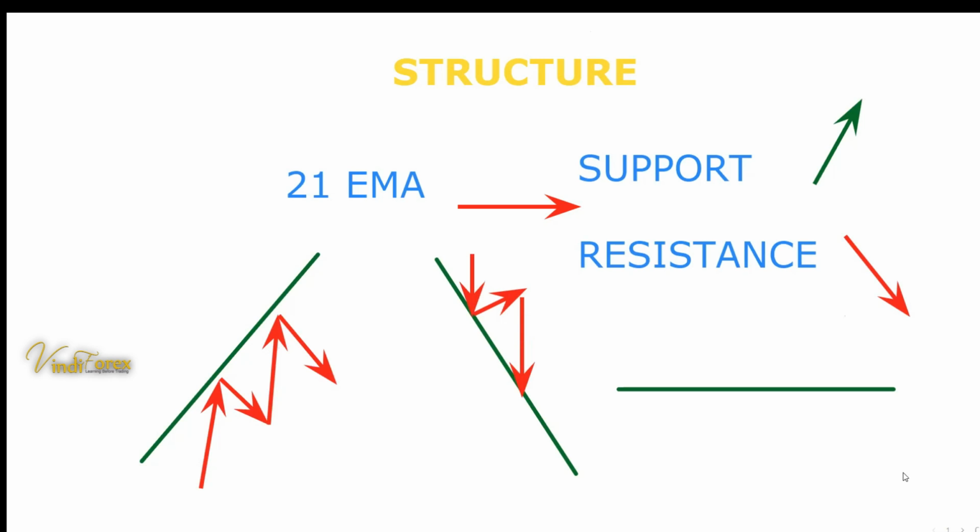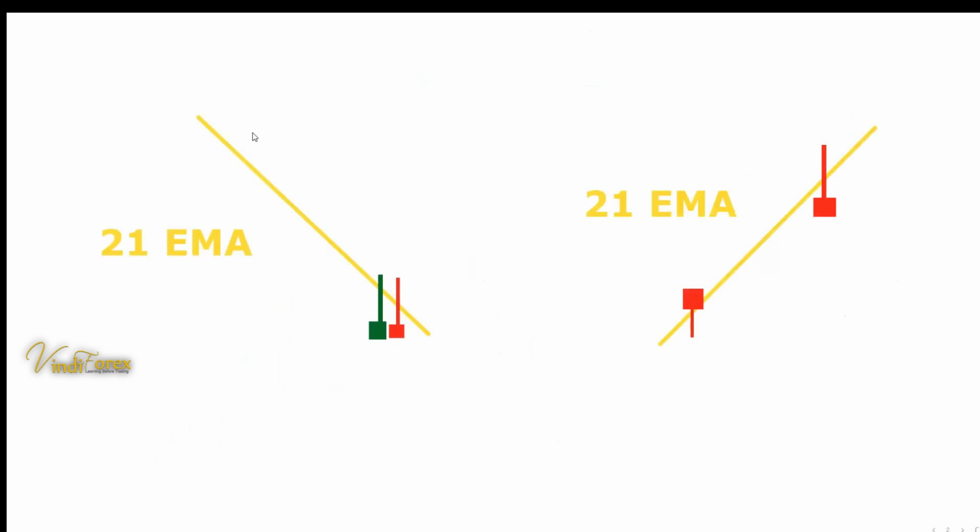Maybe let me just show you on this particular one. So if this is a downtrend right there and this is our 21, actually we can only sell if we see a set of rejection on the 21. Okay, if we see these two rejections on the 21, that is when we can continue selling.